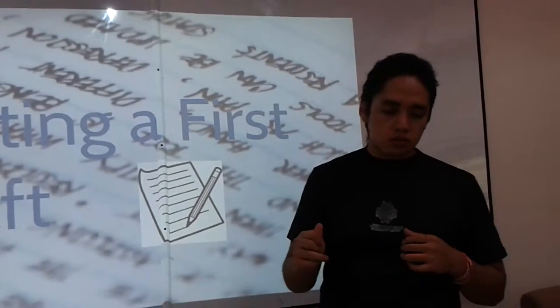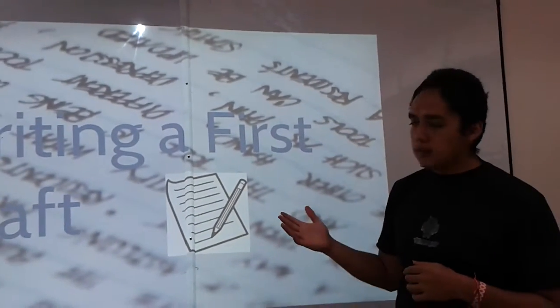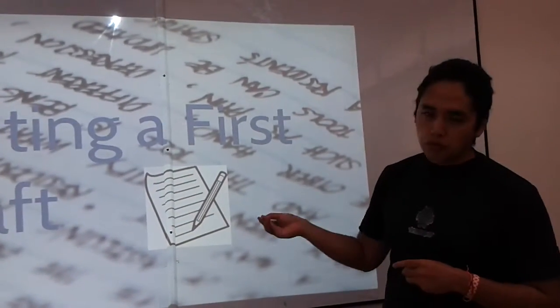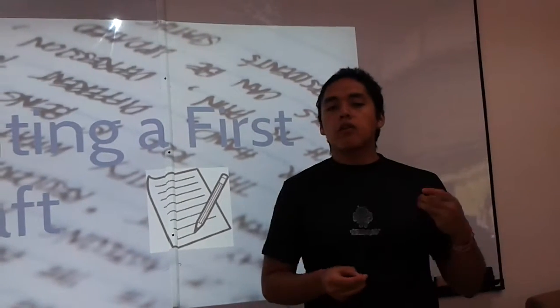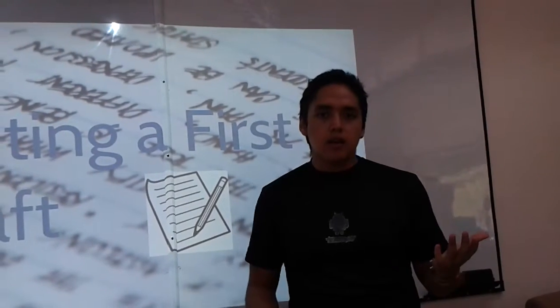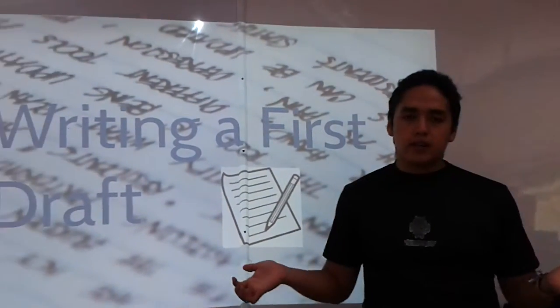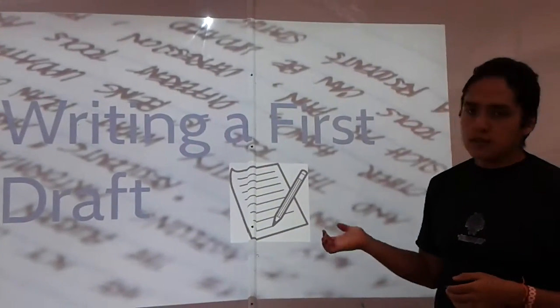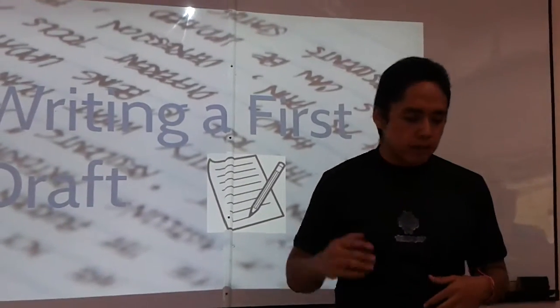It's important to follow our outline to write our first draft. Otherwise, we are going to get lost in the writing, and we are going to write many different things that don't make sense with the thesis statement or with the paragraph.